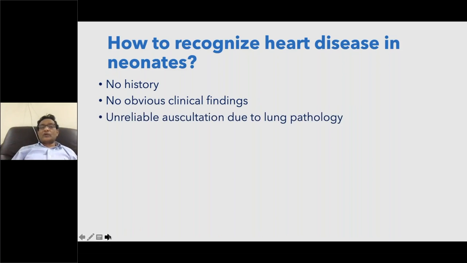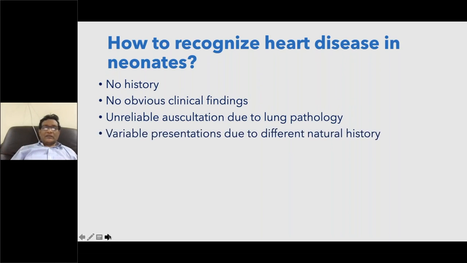And sometimes you are unable to auscultate, for example, a baby with diaphragmatic hernia, meconium aspiration pneumonia, or lung infection. You won't be able to appreciate the murmurs or other auscultatory events. At that time, definitely we miss the heart diseases. And there is variable presentation due to unusual natural histories.